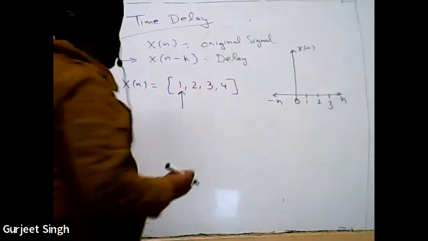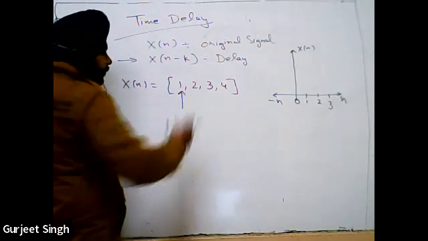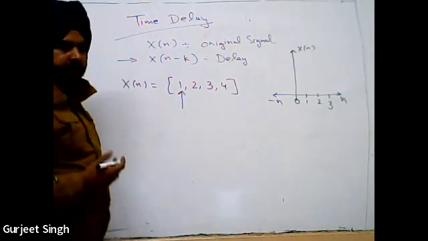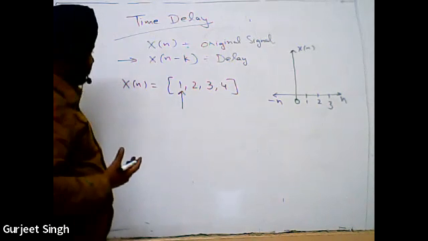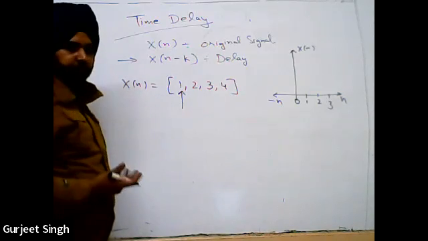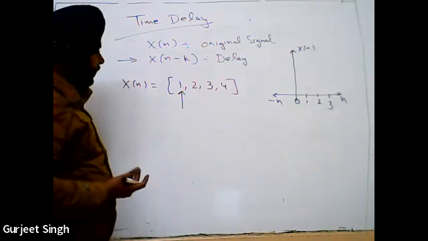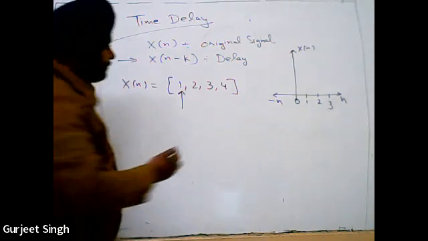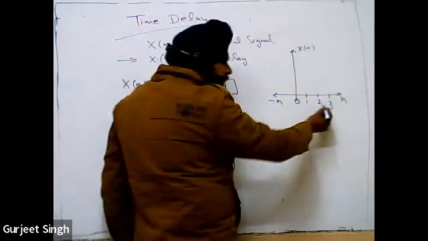So this x[n] is equal to 1, 2, 3, 4. If I represent this signal graphically, it is represented by n equal to 0, 1, 2, 3.